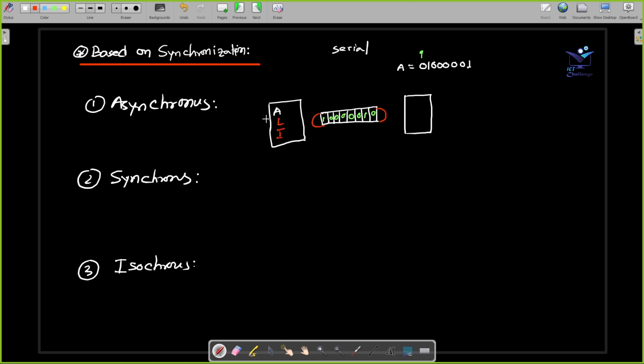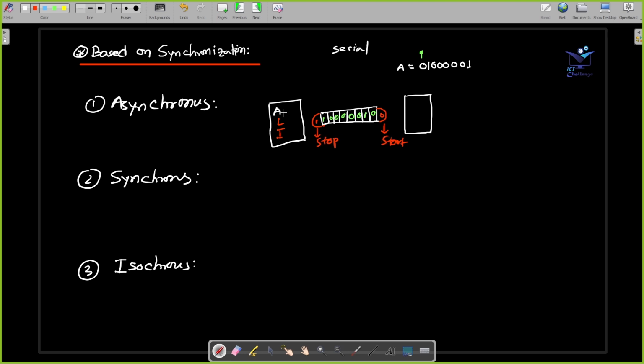That means we have to write A at first, then L, then I. So when we transfer this A, we need a start bit. It should be 0 or 1. We consider 0 as the start bit and 1 as the stop bit. Here this is a start bit, and this is a stop bit.